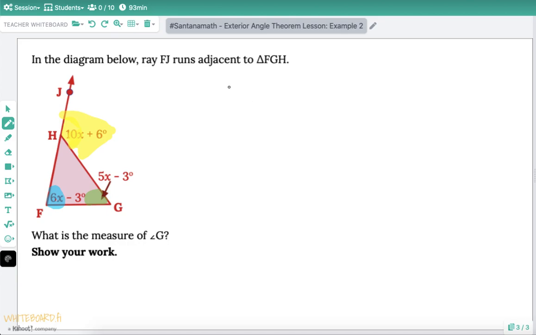All right, so as it stands, let's see, angle F plus angle G is going to be equal to angle JHG.